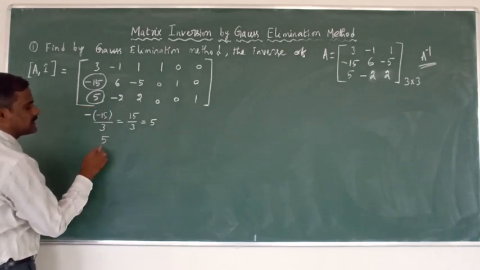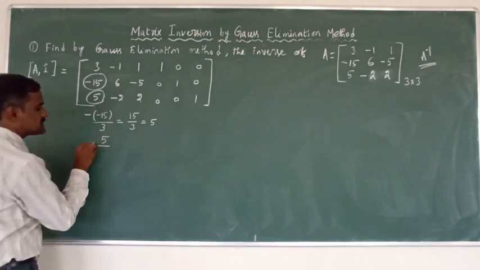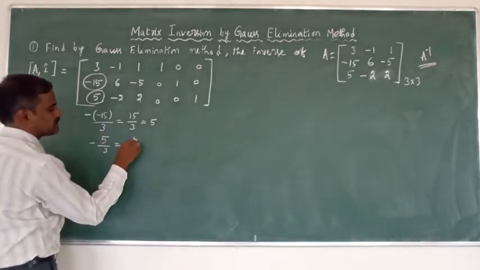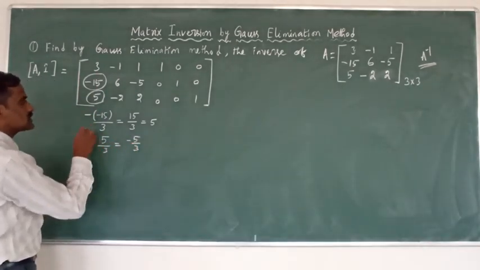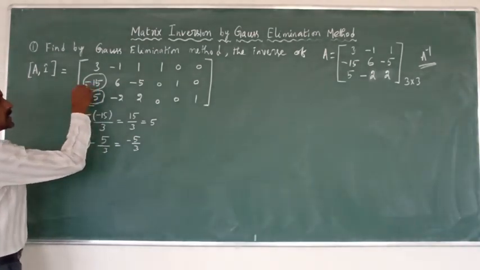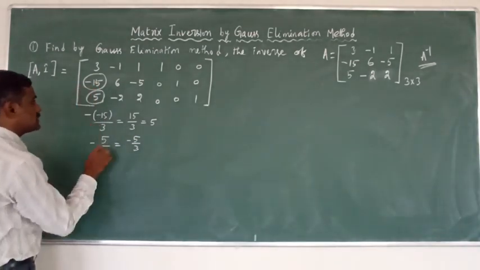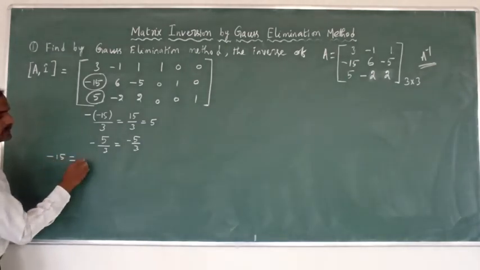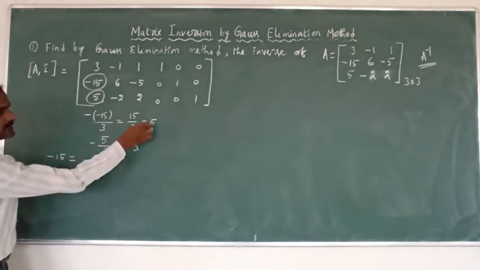For that, 5 divided by minus 5 divided by 3 equals minus 5 by 3. First we can make A21 0. For that, minus 15 equals minus 15.